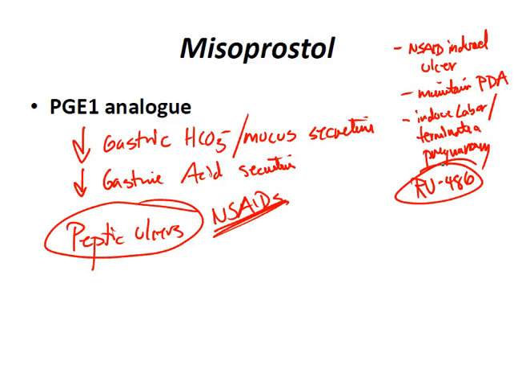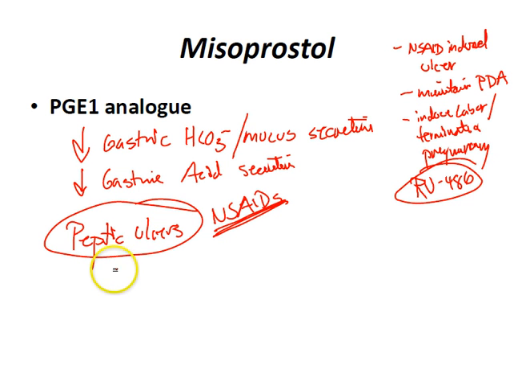Progesterone receptors. Now, if you get toxicity on this thing, what's going to happen? Well, you're going to get diarrhea and abortive acid. Those are your two things you're going to have if you get toxicity on this.